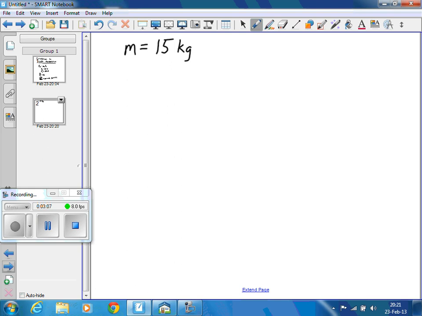He's pulling with a tension force of 200 newtons. And finally, we know that the coefficient of kinetic friction is equal to 0.5. Now, this is a pretty standard set of circumstances. We know what the coefficient of kinetic friction is. We also know how hard the man is pulling and how massive the box is.